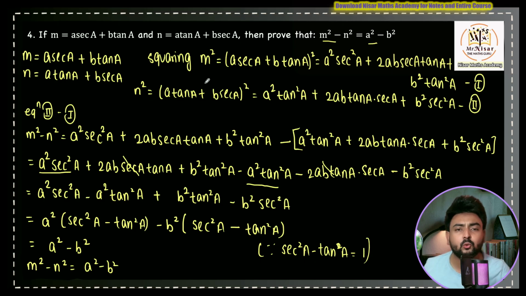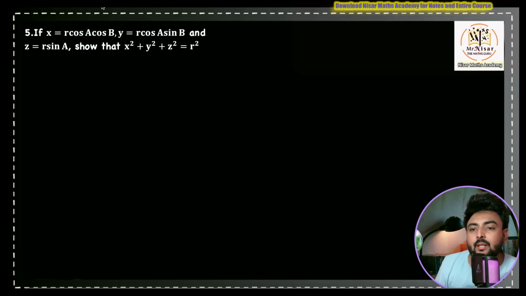These are very simple questions, you just have to do squaring and subtraction, nothing more than that. So children, in the next question we have x, y, z values given. It is said to show that x square plus y square plus z square is equal to r square. So what should we do here? Again the same thing. Directly I'll write the x value, the y value: x square plus y square plus z square, all together.